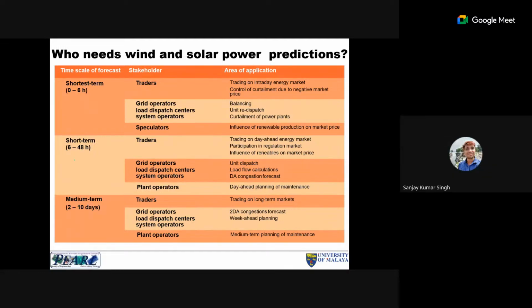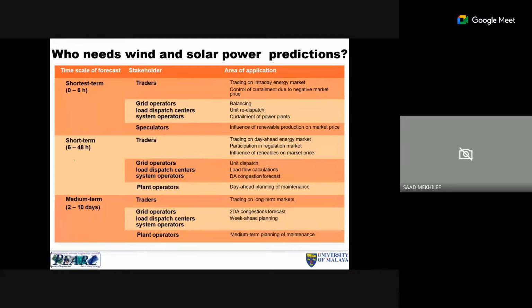Nothing, Professor. Yeah, but sometimes you can even have not short term, but immediate or current, now. You want to know now, the predicted now, what will be the power. But this requires a lot of data.